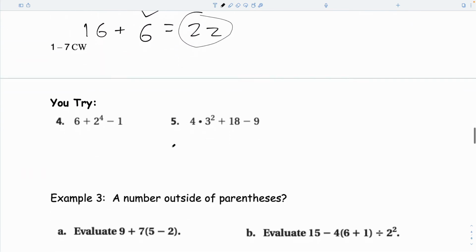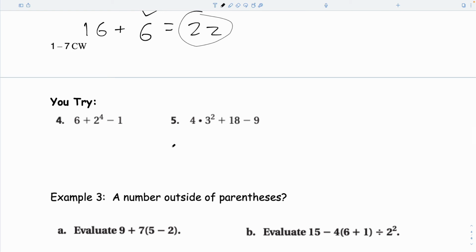How are we doing, guys? When you finish, did you want to push up? There's no answers for that one. Just check your partner.